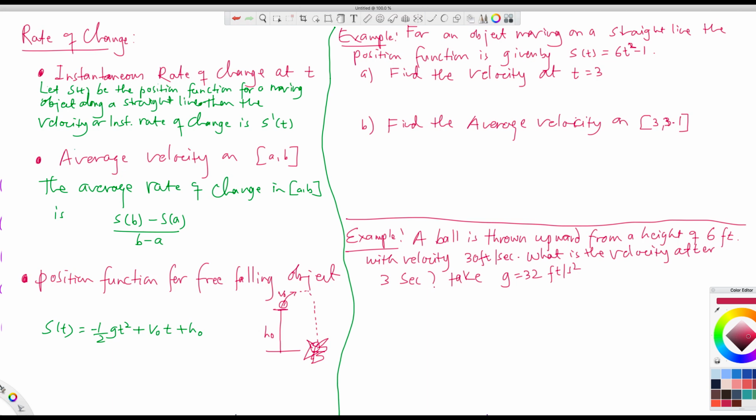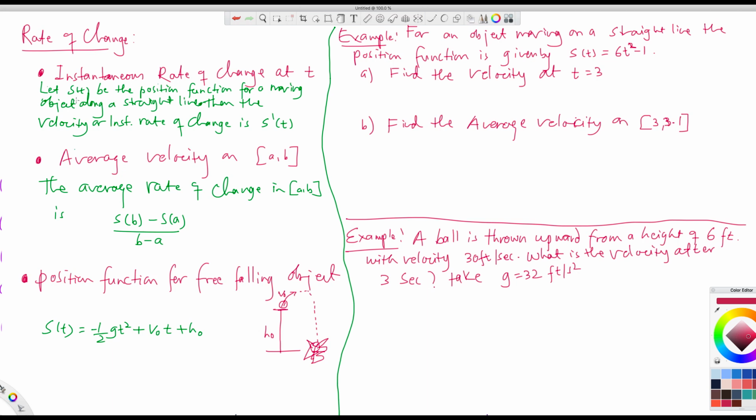If an object is moving in a straight line, how do I find out the velocity of that object at a certain time point? Also, if an object is falling freely from a certain height, how do I find out the velocity of the object or height of that object at any time point, okay? So all those kinds of applications, we can use the derivative.